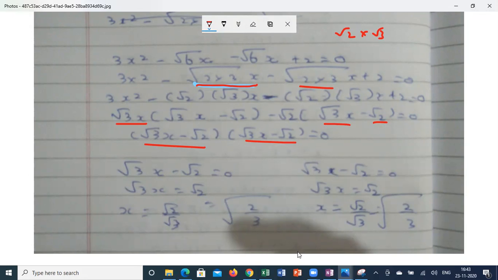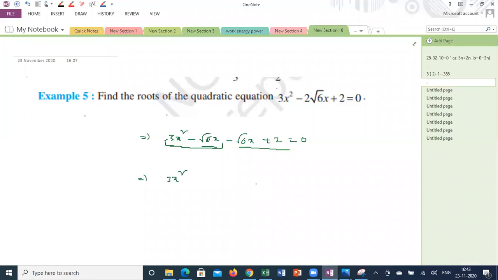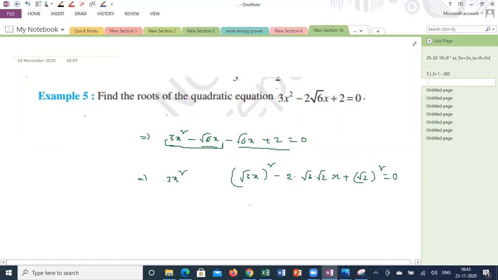Or by seeing the question, is it possible this can be written as root 3x whole square minus 2 into root 3 into root 2 into x plus root 2 whole square equal to 0? This is looking like a square minus 2ab plus b square.